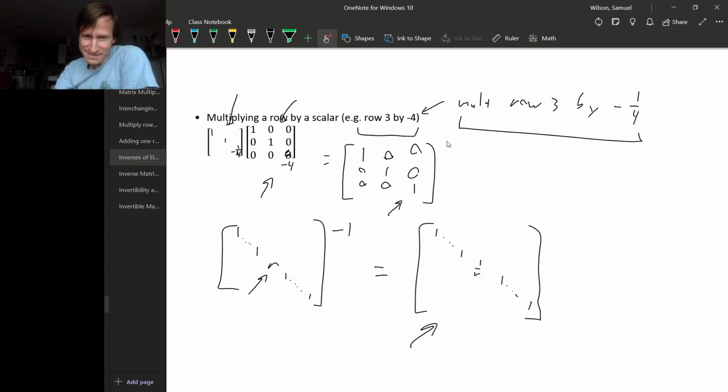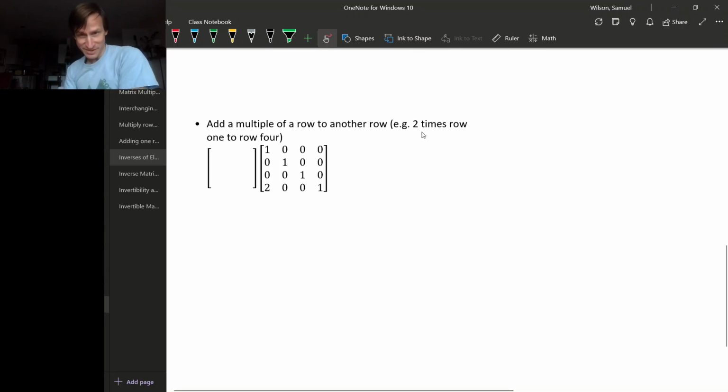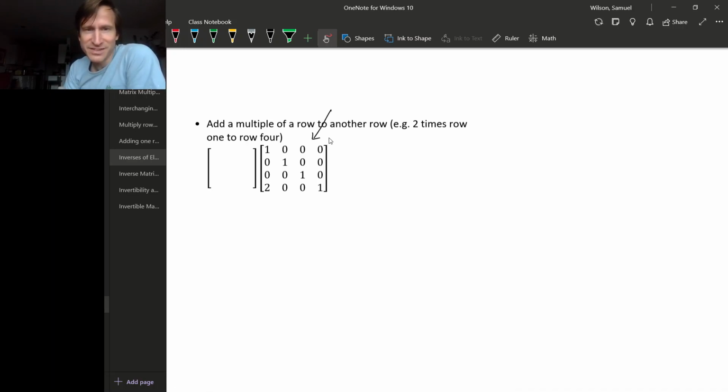Okay, for the last type of elementary matrices, those are the elementary matrices that add a multiple of one row to another. So here is the 4 by 4 matrix that adds 2 times row 1 to row 4, right? That's what this 2 down here is doing. So what row operation would undo this?